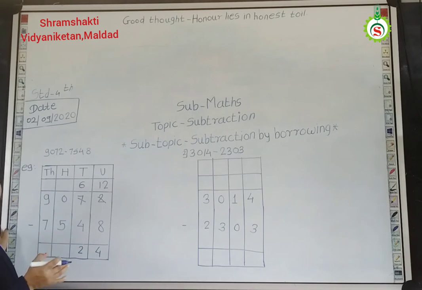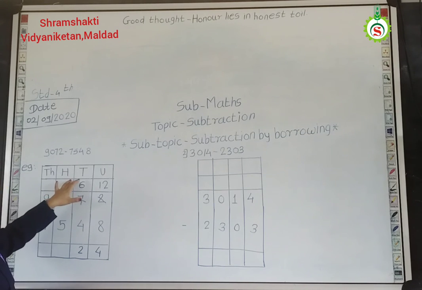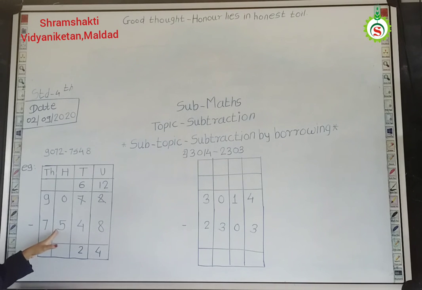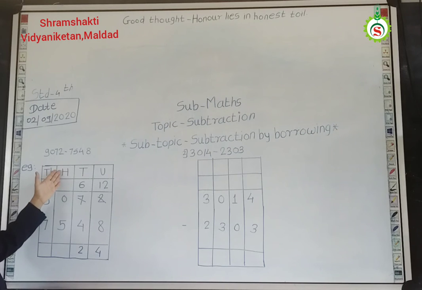Then solve the next place, means the neighbor place of the tens place. Which place? Hundreds place. See here 0 hundreds minus 5 hundreds. How much? Here this subtraction is not possible because 0 hundreds is smaller than 5 hundreds. Therefore, we need to borrow. Now see the neighbor place.